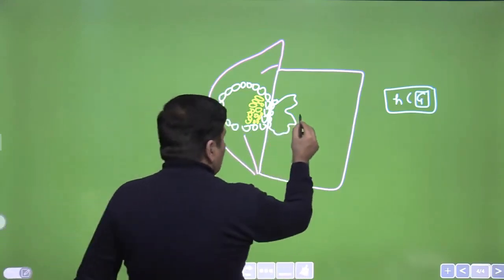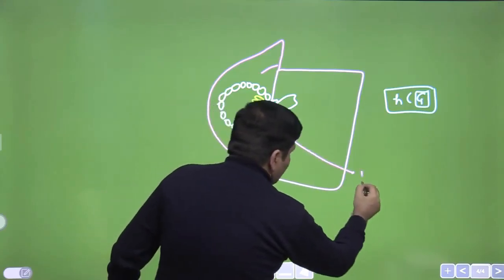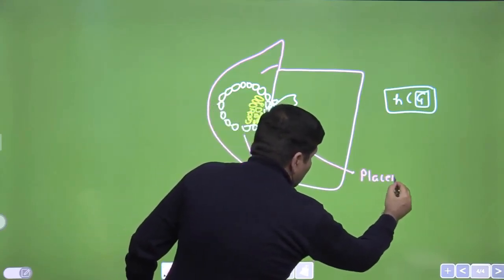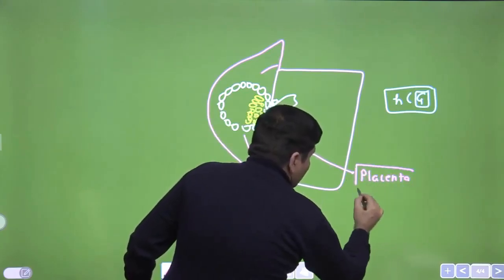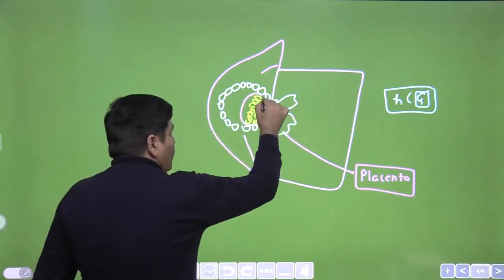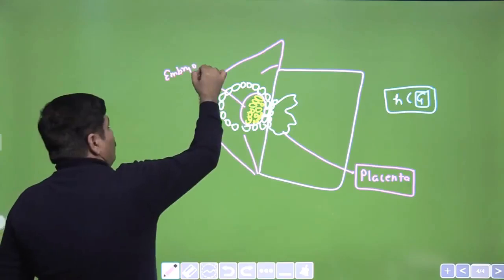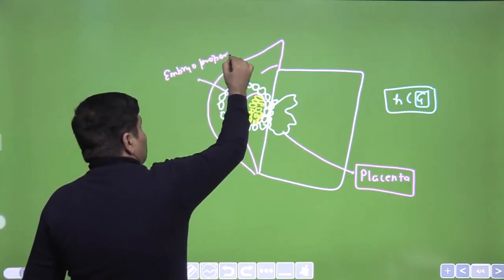Some of the maternal tissues and the fetal tissues will lead to the formation of what is called the placenta, and the embryo proper will be formed from the inner cell mass.